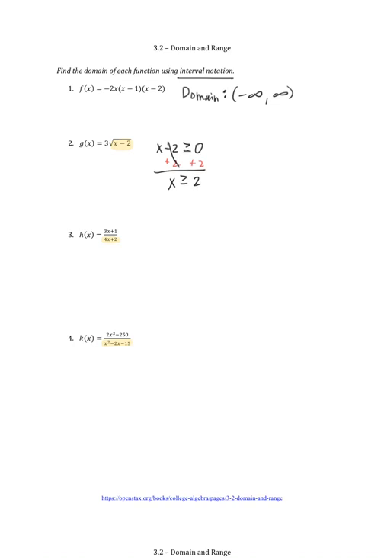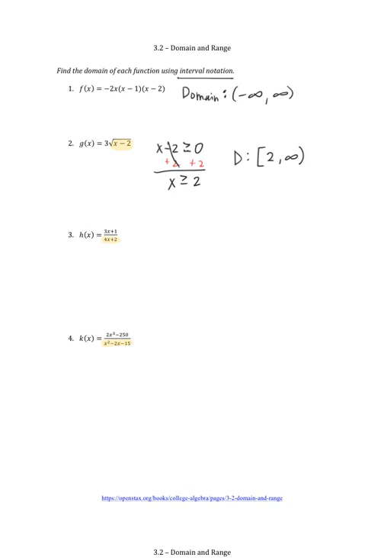Now from a previous section, I know how to write that in interval notation. This is going to be 2 or greater. So the domain, the D is going to stand for domain, is 2 with a bracket, because it can be 2, because of the or equal to sign, comma, infinity. So as long as it's 2 or bigger, that will be part of the domain of the function g of x.